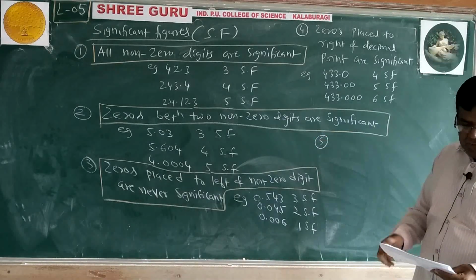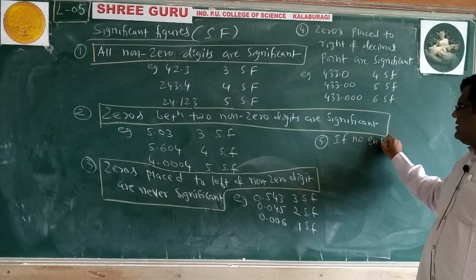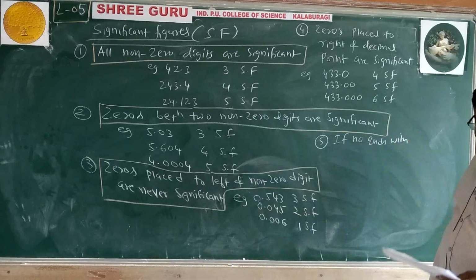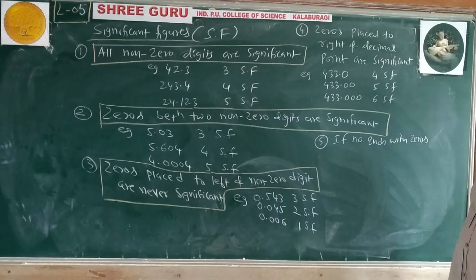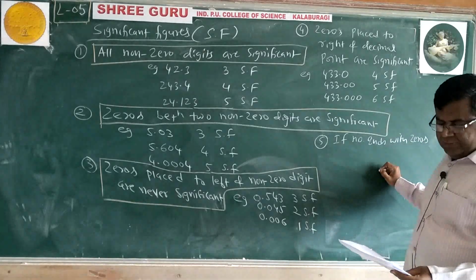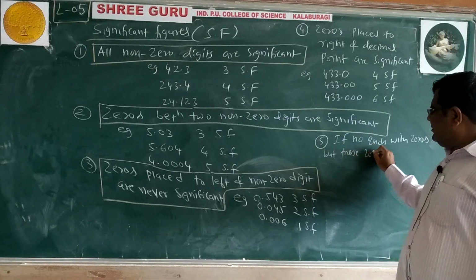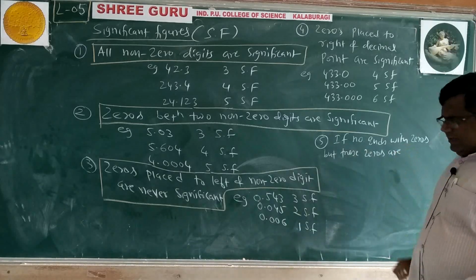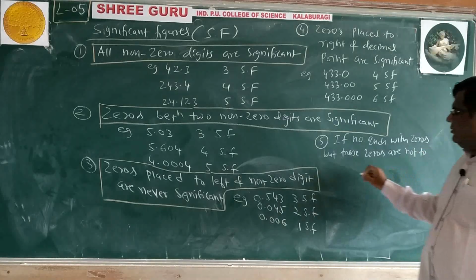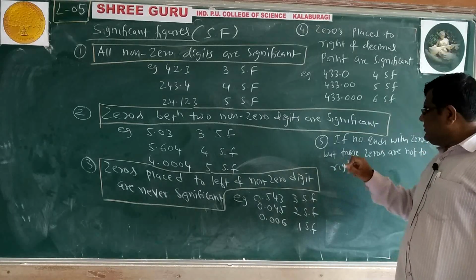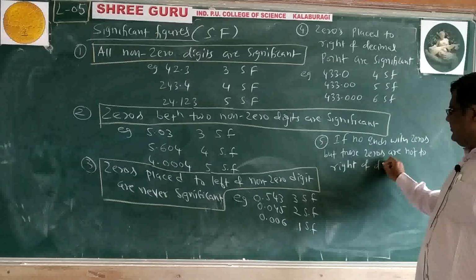See the next one. If a number ends with zeros, very important rule, but these zeros are not to the right of the decimal point.